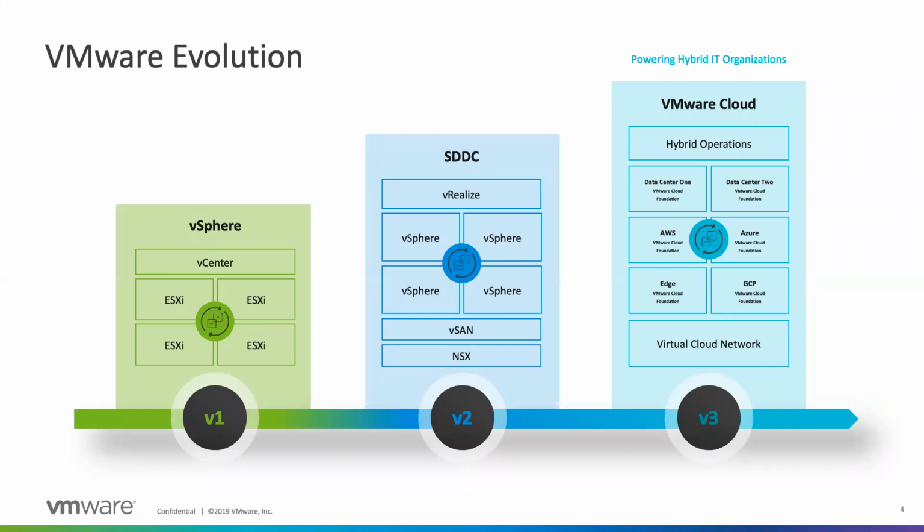This is going to be a big focus for this session, and we'll focus on VMware Cloud on AWS, but we've expanded those partnerships so that we now have a solution running VMware Cloud Foundation on Azure, on GCP, on Oracle Cloud, IBM Cloud, Alibaba, all of the major hyperscaler clouds. You can now run an SDDC instance on top of these, and that's very important. We'll look at VMware Cloud on AWS as one example, but the partners have also built very similar solutions on all of the major public clouds.